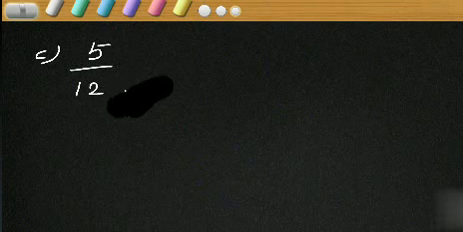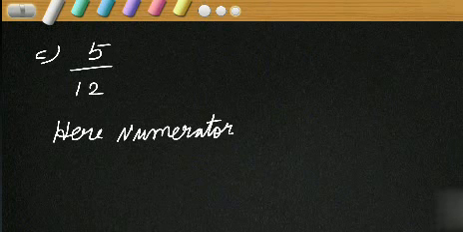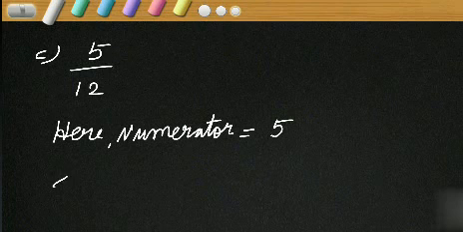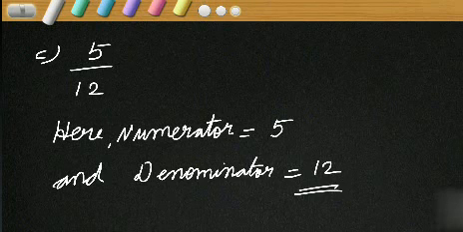So write down here: numerator is equal to 5, and denominator is equal to 12. Have you understood the concepts of numerator and denominator?